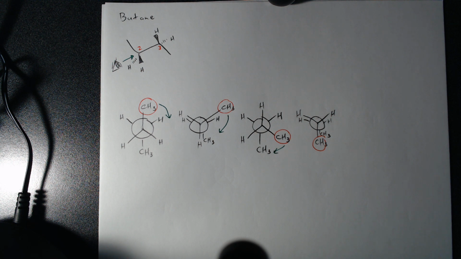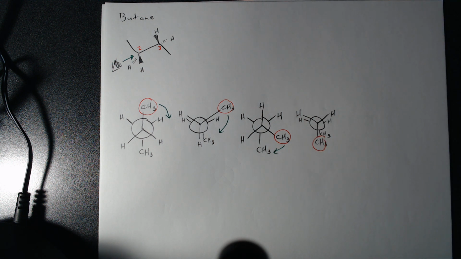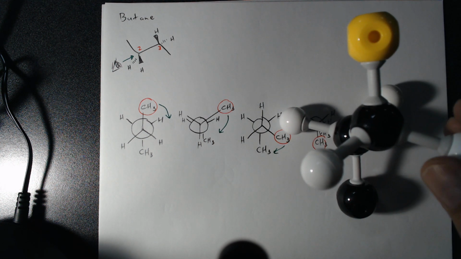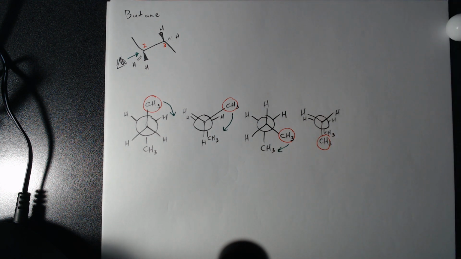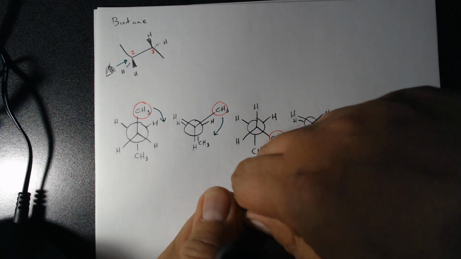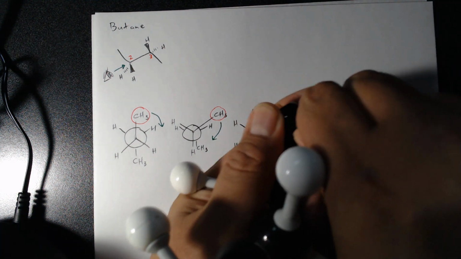Since we now have some non-H groups on there, we start recognizing where the large groups on the front and back carbons are relative to each other. If you fill in some of the bonds on here, let me show you something real quick. I'm going to put a hydrogen on this one and a hydrogen on this one. These are the large groups on the front and back carbon.